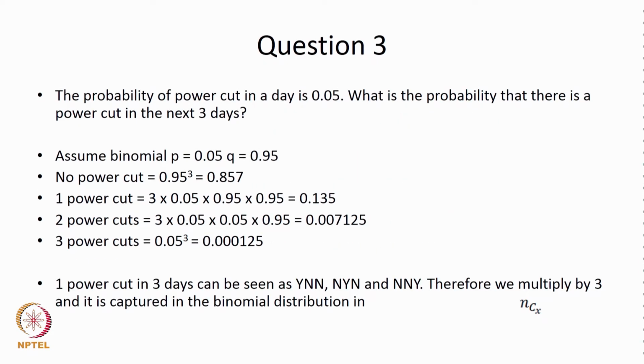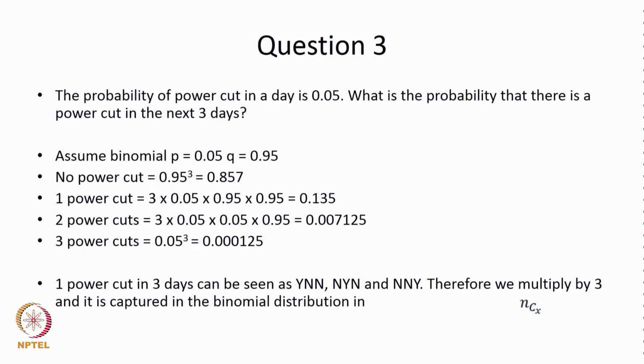Now we can do the same problem using the binomial distribution, and that is the reason why we are revisiting this again. So assume binomial with p equal to 0.05, which is the probability of a power cut, and q is equal to 0.95. So in this case success is like saying there is a power cut, and failure is there is no power cut.